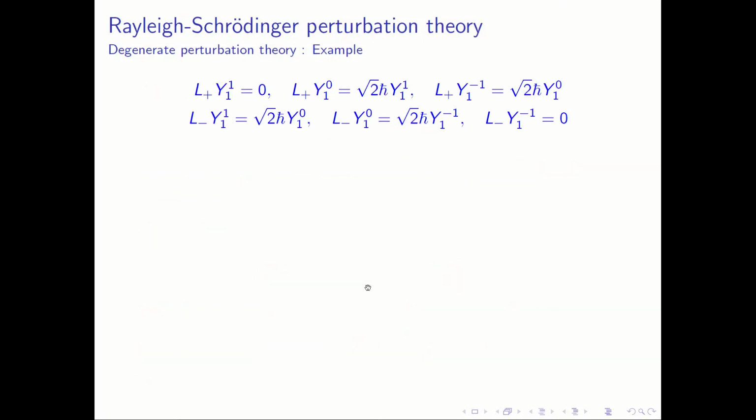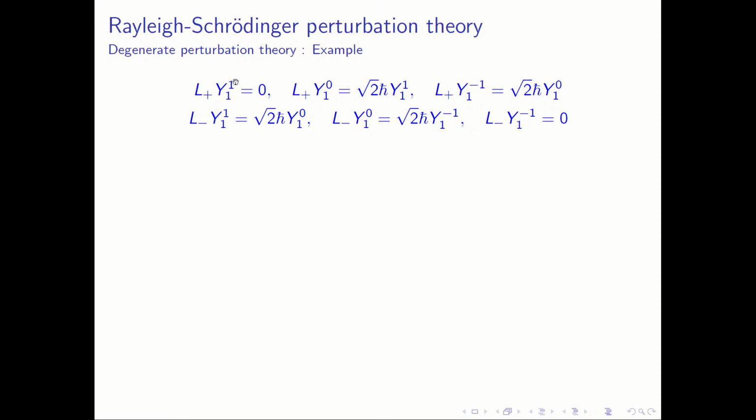Well, in order to figure that out, we need some basic results, which is what do L plus, L minus and L0 do. After all, what L0 does to YLM is pretty simple. It just gives you ML h bar times YLM. What L plus does to these states and what L minus does to these three states are also pretty straightforward. You already know that from the theory of angular momentum.